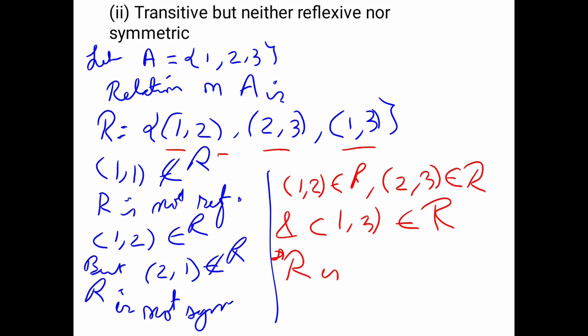This example is transitive but neither reflexive nor symmetric. Then the next example is reflexive and symmetric but not transitive.